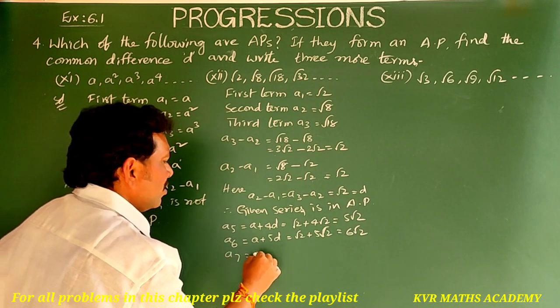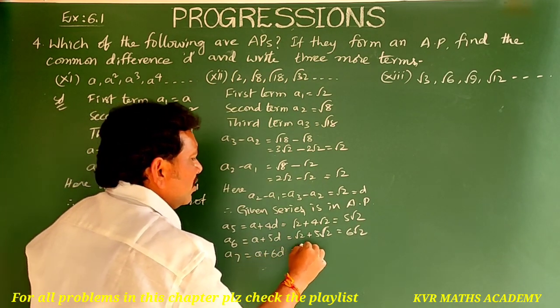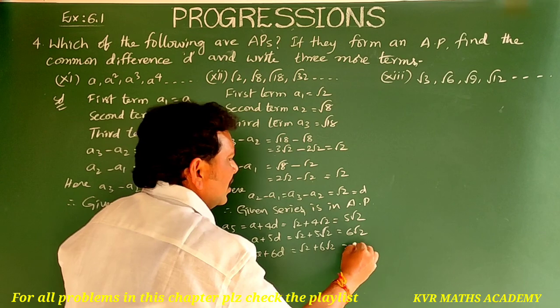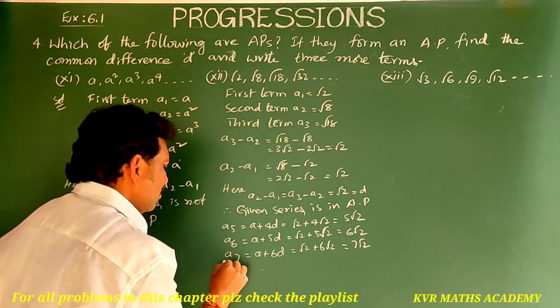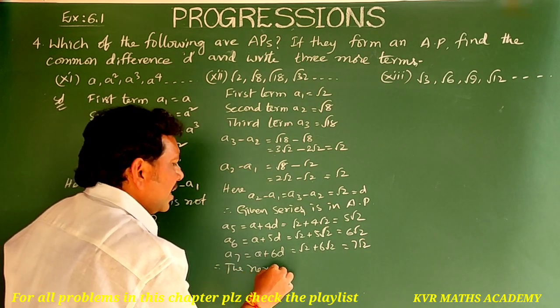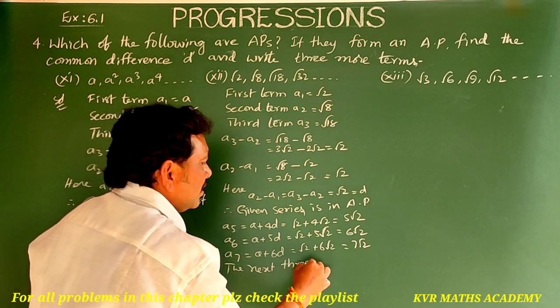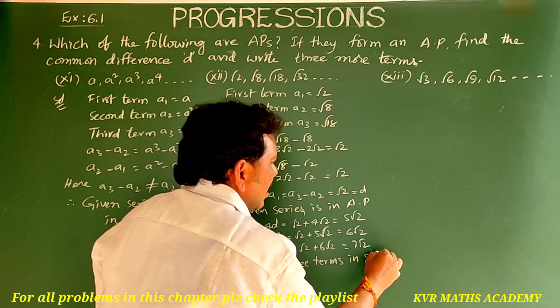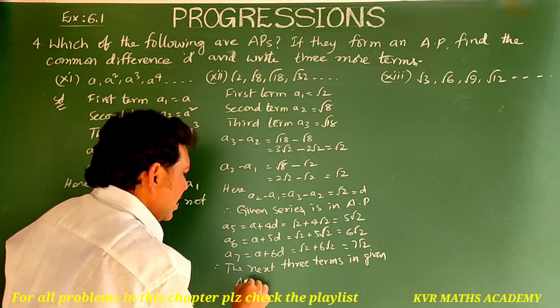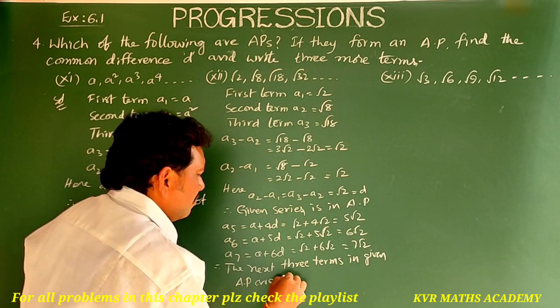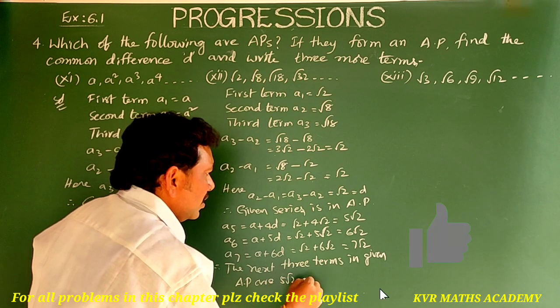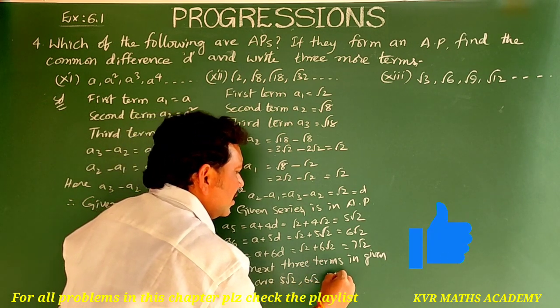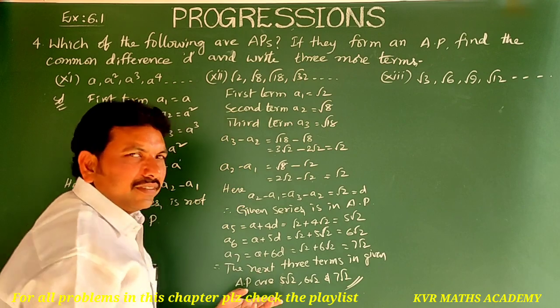Next a7 is equal to a plus 6d. Root 2 plus 6 root 2, that is equal to 7 root 2. Therefore, the next 3 terms in the given AP are 5 root 2, 6 root 2 and 7 root 2.